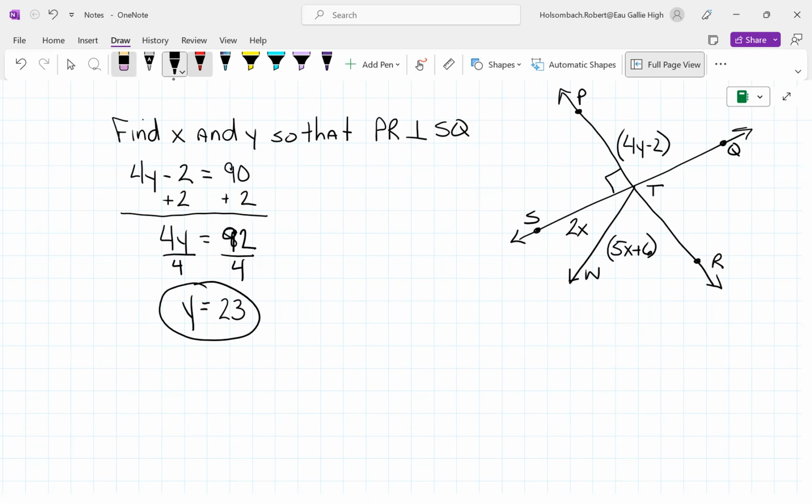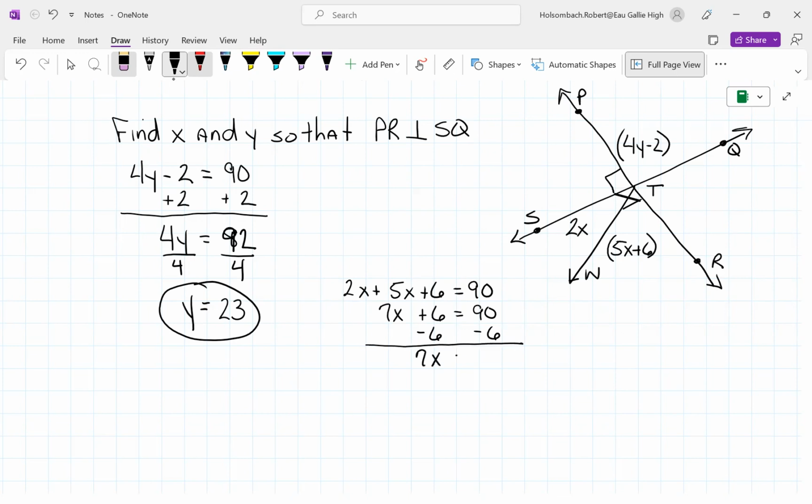And don't we want these two small angles in here combined to form a 90-degree angle? So we want our 2x plus 5x plus 6 to equal 90 degrees as well. So 7x plus 6 has to equal 90 degrees. Now we're going to subtract 6 from each side.